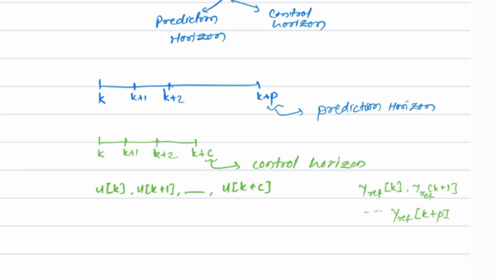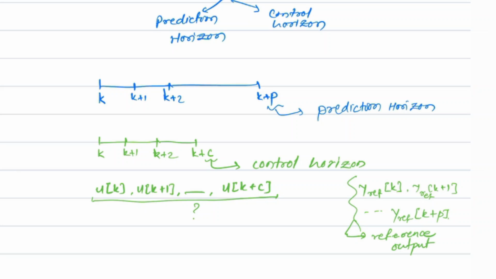So you have reference outputs up to p, which you want to track. So you are asking a question: what should be my series of control inputs?